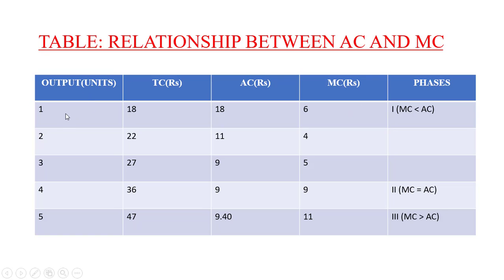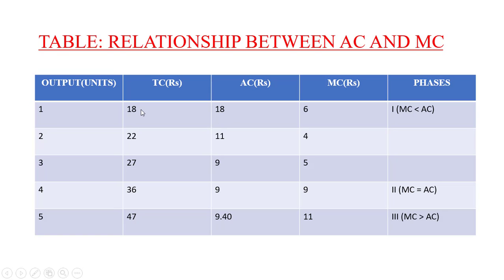Now what are the outputs? In units you are getting, if you want to produce one output, two output, three output, four output and five output. So it is increasing, right? Now in the case of TC, total cost, according to how much output you have, this TC will be given. So it is given here: 18, 22, 27, 36 and 47.